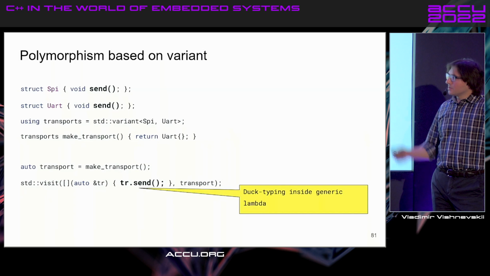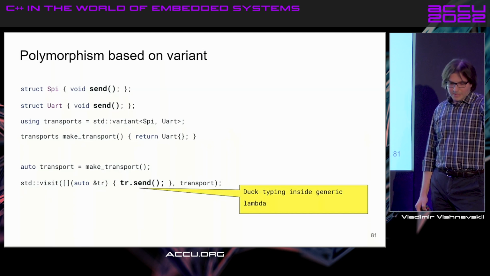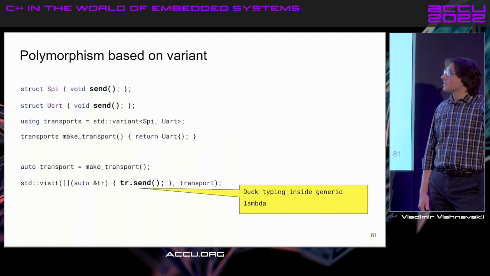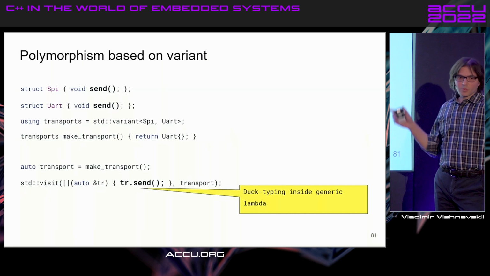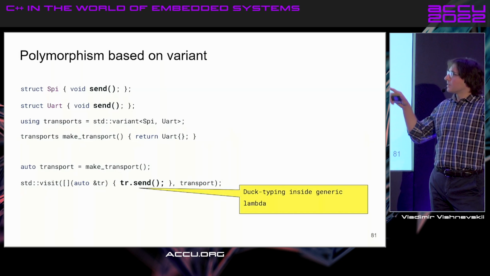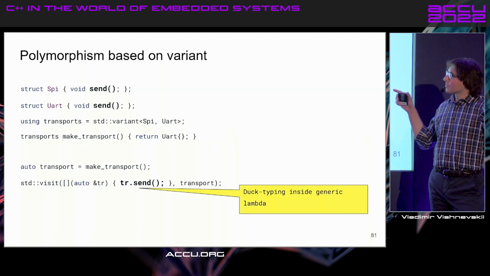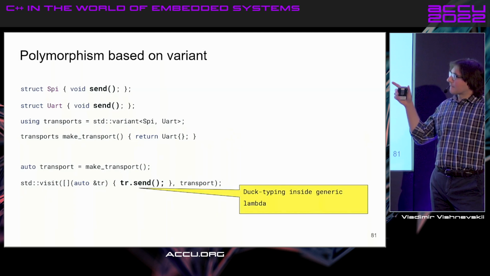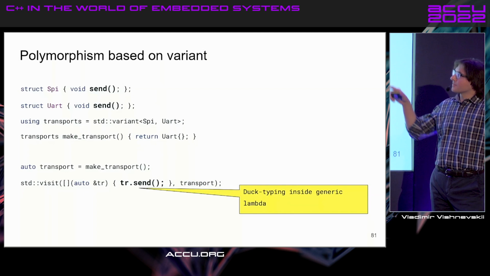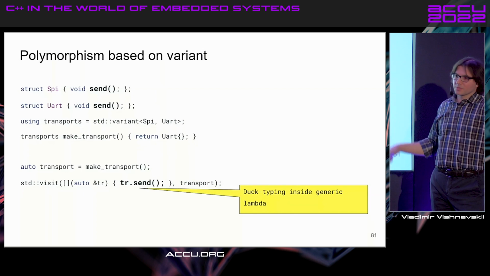Here we are actually using a generic lambda and the visitor, so we can go into some duck typing mode, and without any runtime polymorphism, it will actually call the send function of the real object that is stored in this transport.